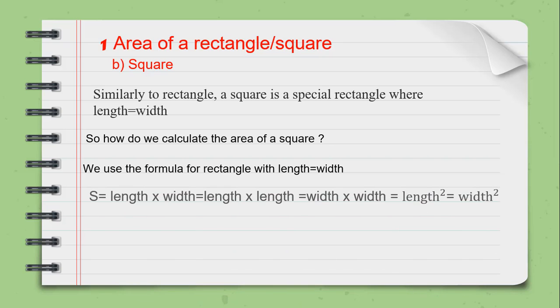So S equals length times width, which is equal to length to the power of 2, equal to width to the power of 2. So the formula for calculating the area of a square is S equals side times side, which is equal to side to the power of 2.